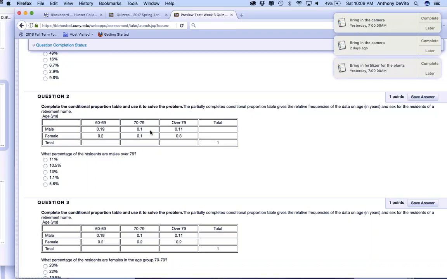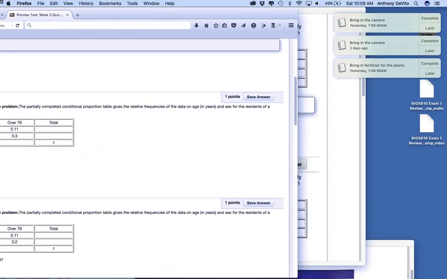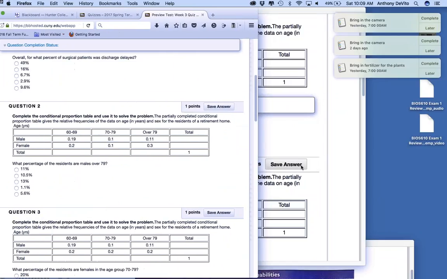I think it's easier for me to just bring up my notepad and do some of this. And I'm going to be selective about which ones I do.